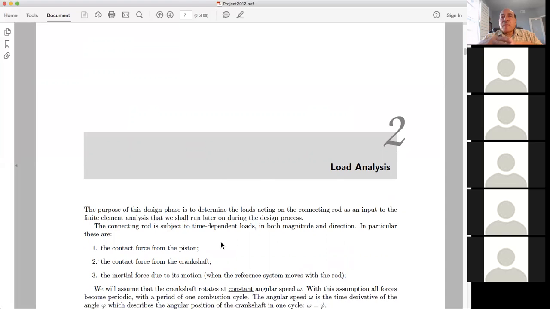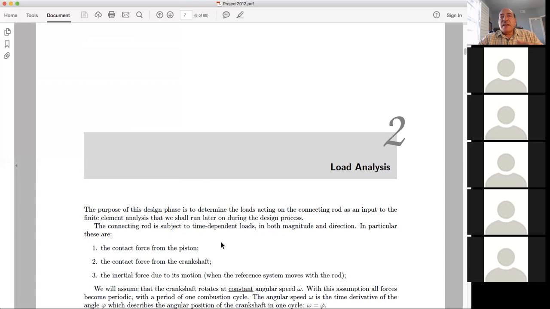By the 4th week, when we submit the progress report, we would need to have selected the engine, selected the characteristics of the engine, maximum torque, maximum RPM, and that can give us an idea about the initial weight or size of the connecting rod.